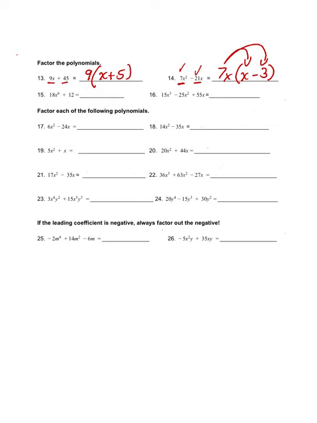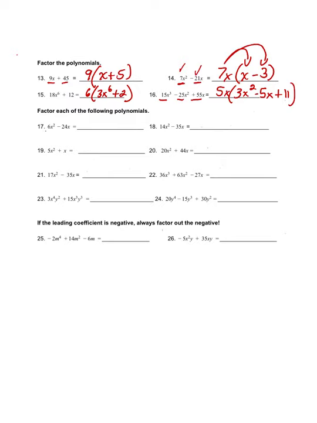For 15, the greatest common factor is 6, and that leaves me with 3x to the 6th plus 2. The greatest common factor of these three terms is 5x, leaving me with, when I undistribute, 3x squared minus 5x plus 11, okay? For number 17, all right, again, we are factoring.